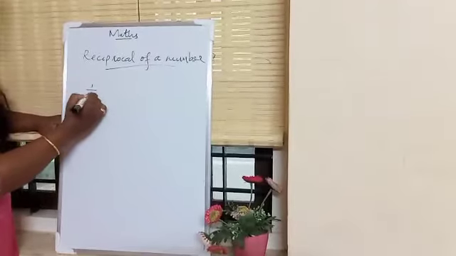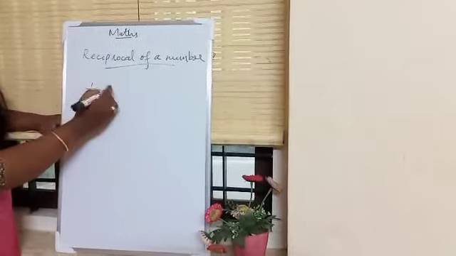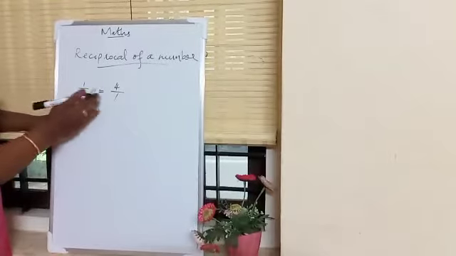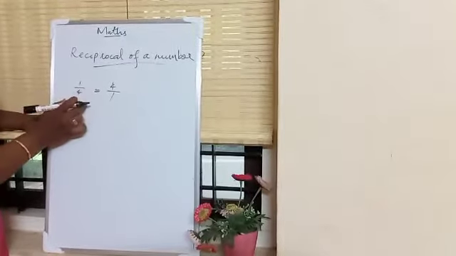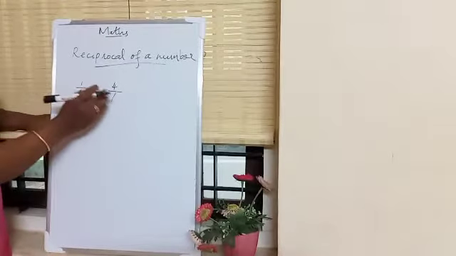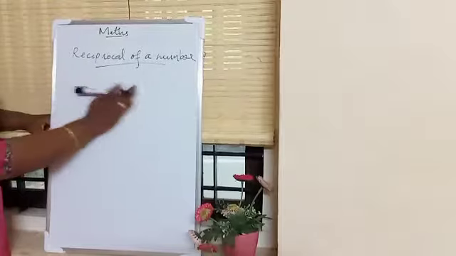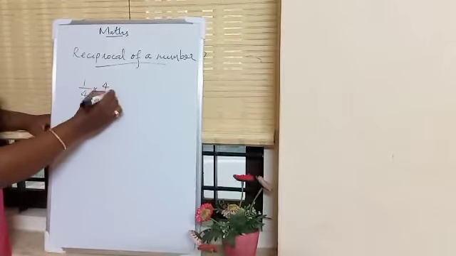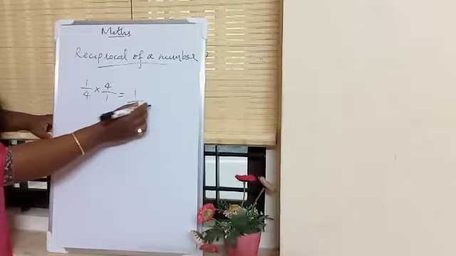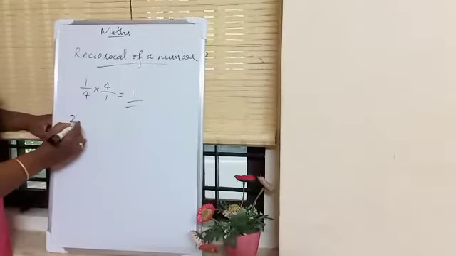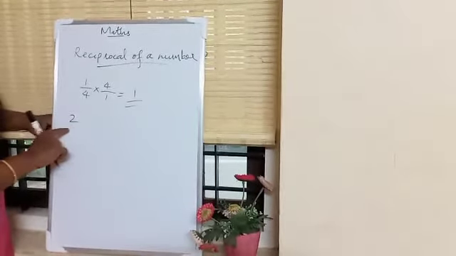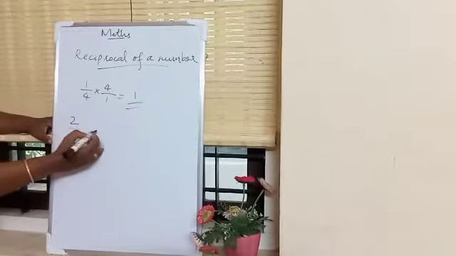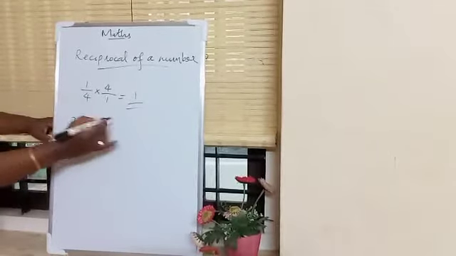Next, reciprocal of a number. If the number is 1 by 4, then the reciprocal is 4 by 1. That is, change the numerator into denominator. Also, when we multiply a number and its reciprocal, the result is 1. Reciprocal of 2: here the denominator is 1, then we change the numerator and denominator.